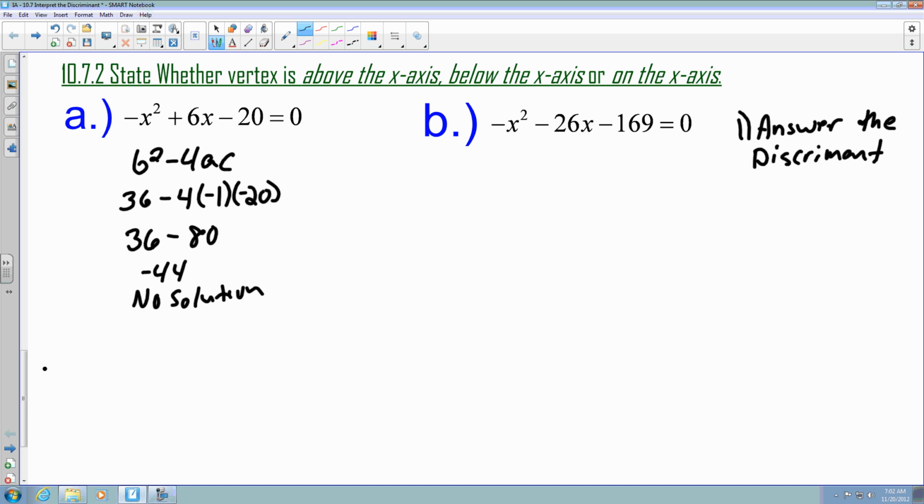So second step is you must find out if your A is positive or negative. And here our A is negative 1. So our A here equals negative 1.